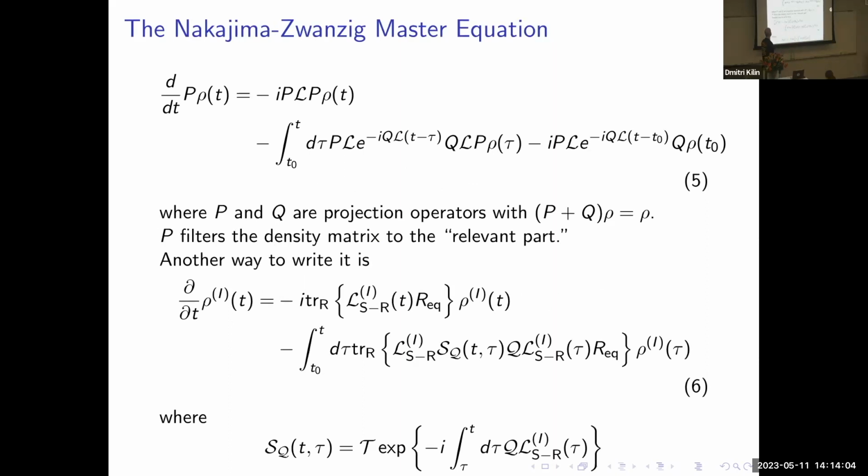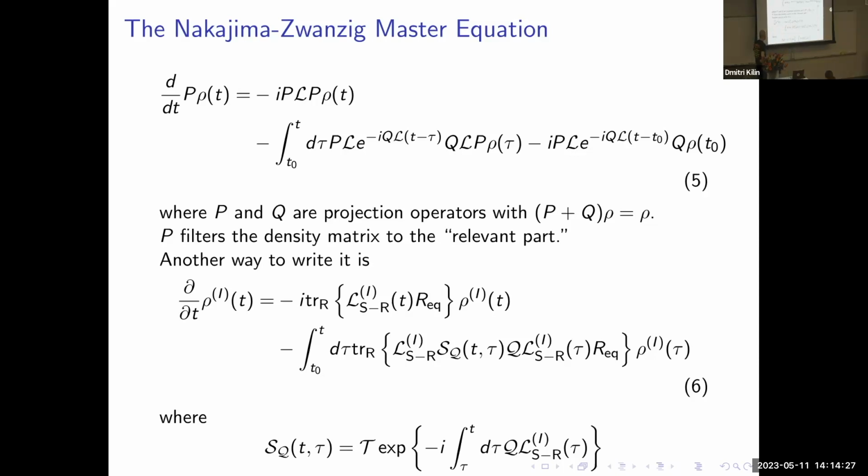And then there's the Nakajima-Zwanzig master equation, where the idea is to use projector operators to get down to the part of the density matrix that you want. And these are both just different representations. The superscript I just means that you're writing it in the interaction picture.